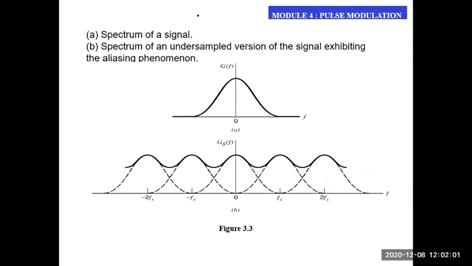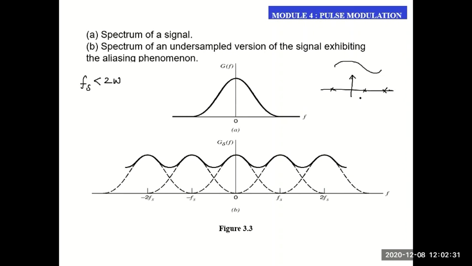Usually this happens under undersampling condition. What is undersampling? Undersampling means your sampling frequency will be less than twice the highest frequency component of the message. So if you have a signal like this, rather than taking samples every TS, you will be taking samples at a much slower rate.